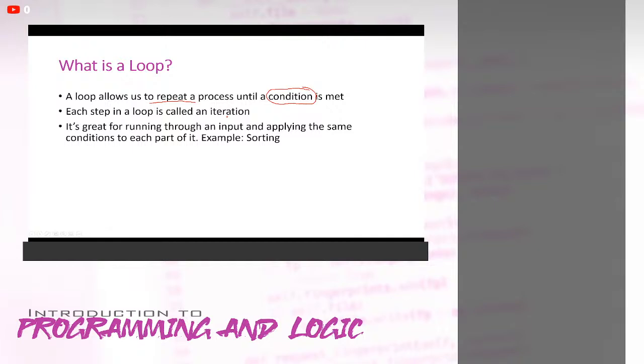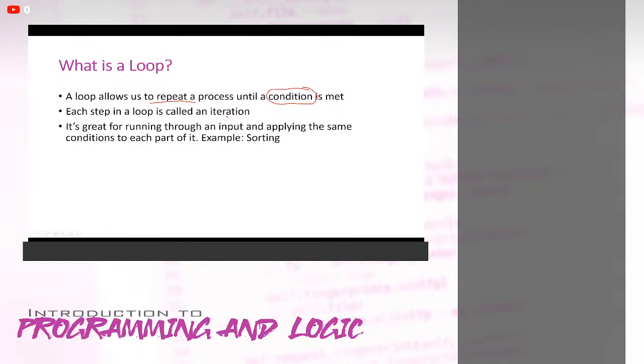Whereas with a while statement, we're saying while this condition is true, or as long as this condition is true, keep on doing this. Each time the condition remains true and it executes the code, we call that an iteration.